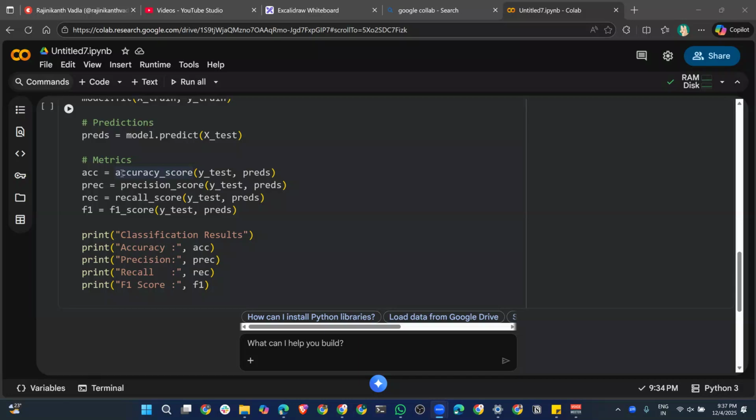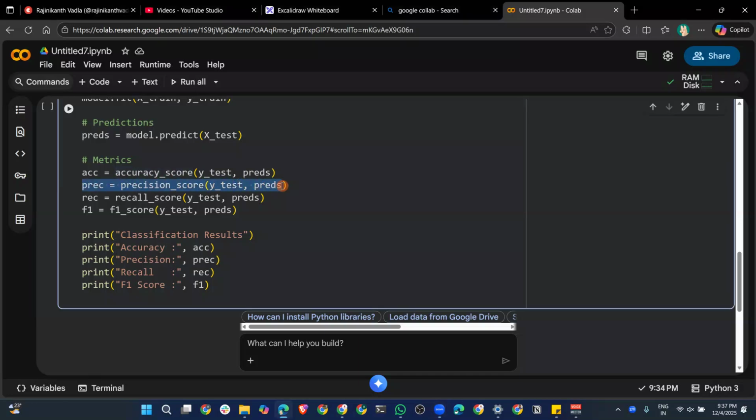Accuracy measures overall correctness, when the classes are balanced. Precision is: out of predicted positives, how many are actual positives. That will help us.